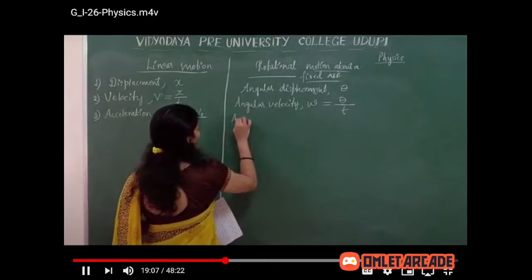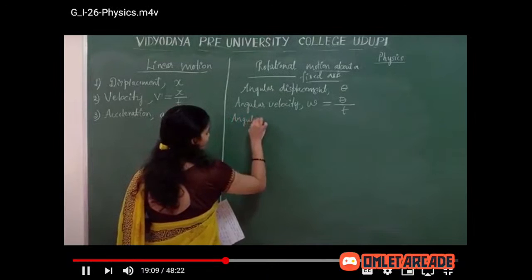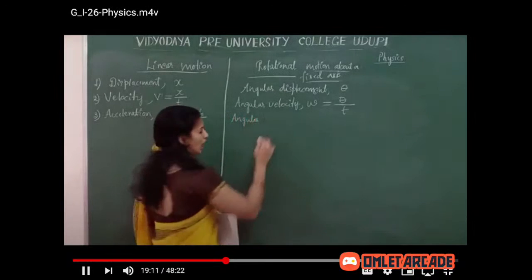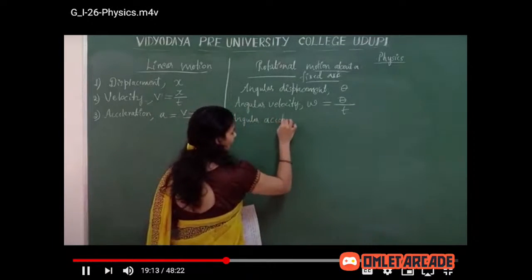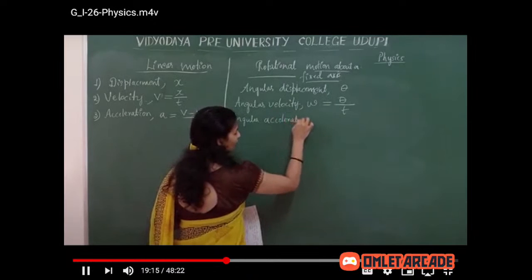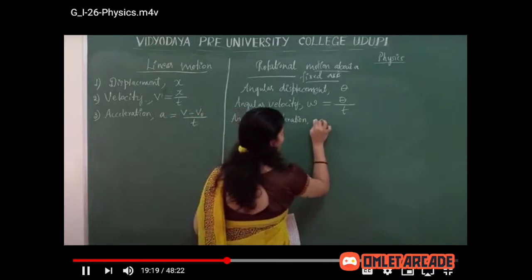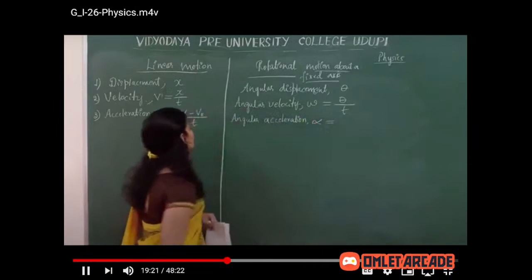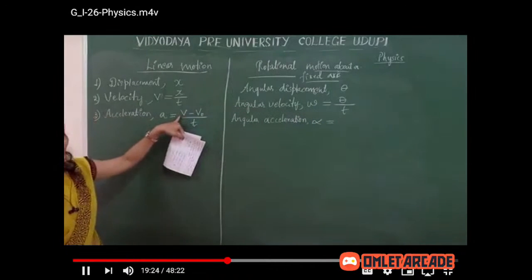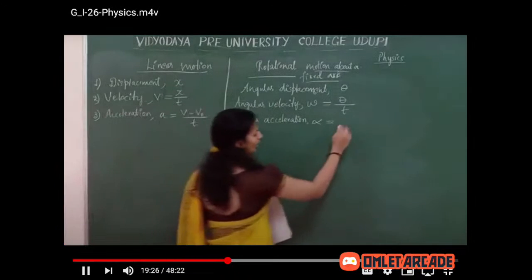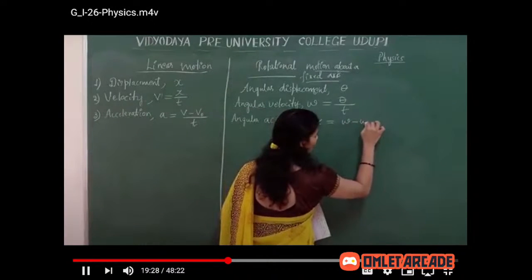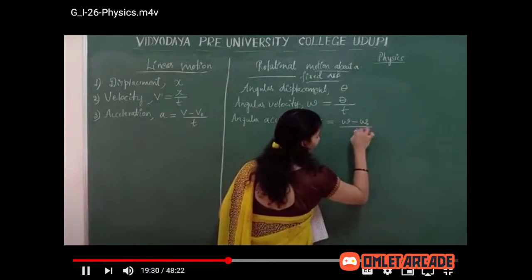And in case of rotational motion, it is angular acceleration. The notation for angular acceleration is alpha, which is equal to omega minus omega naught divided by t.